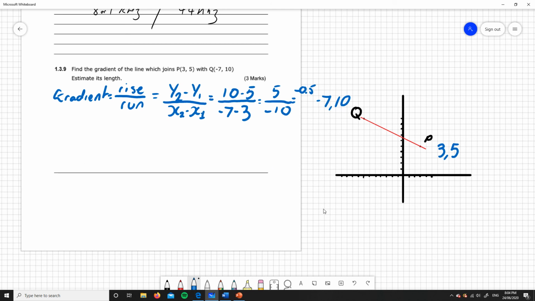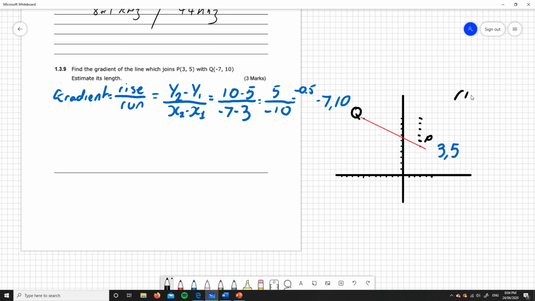The other way I can do that is from a visual point of view, which is to look at the same concept. If I'm looking at point P to Q, I start with P, and to work out my rise from P to get to Q, I'm going 1, 2, 3, 4, 5.